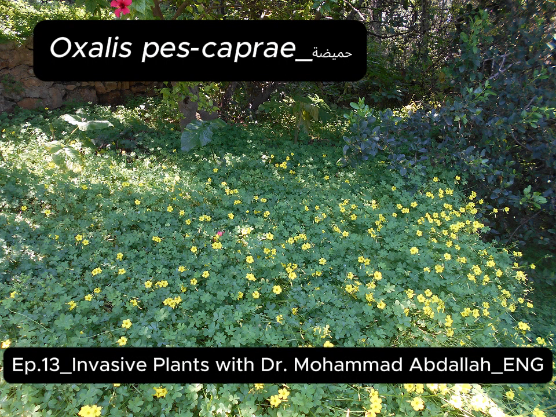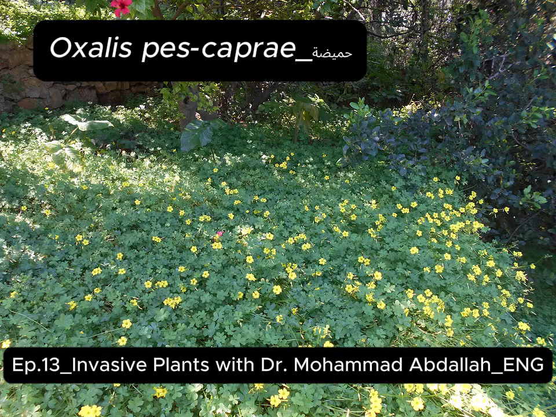At some point, all these wild plants living below the olive trees, and all the wild insects that used to feed on them, have been disturbed by the invasion of Humaida, the Oxalis, which is not good if you want to take into consideration the whole ecosystem functioning that was related to the natives, the local flowers that coexisted once under these trees. Oxalis pes-caprae is an invasive one.